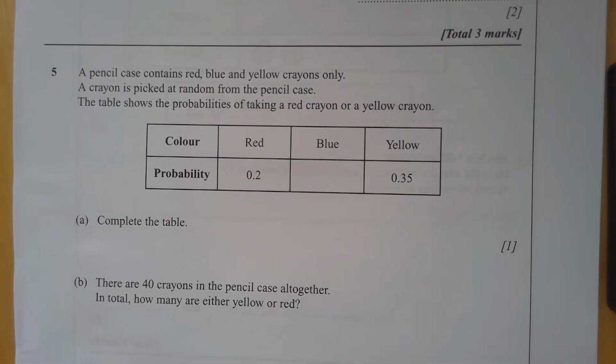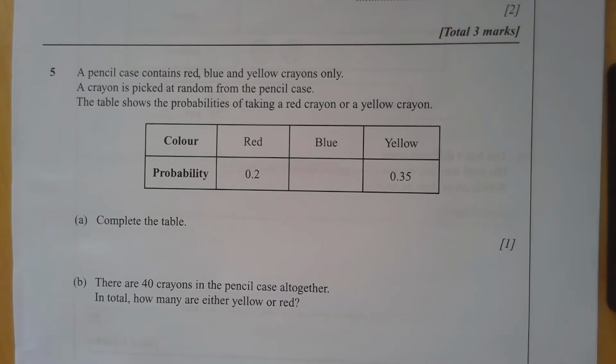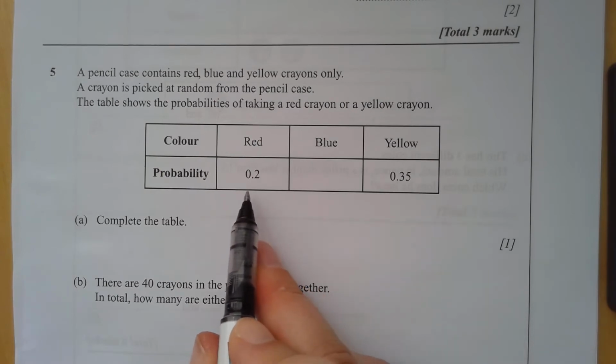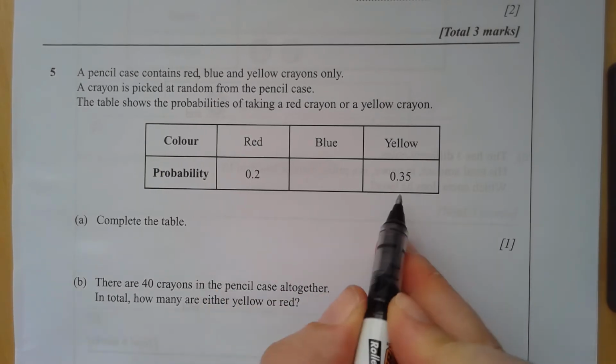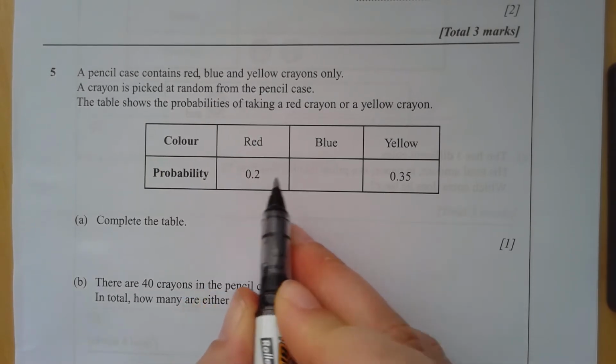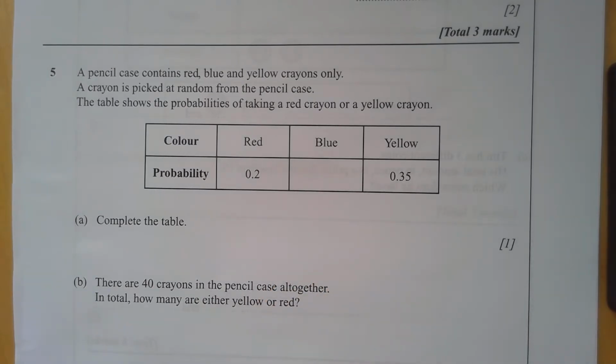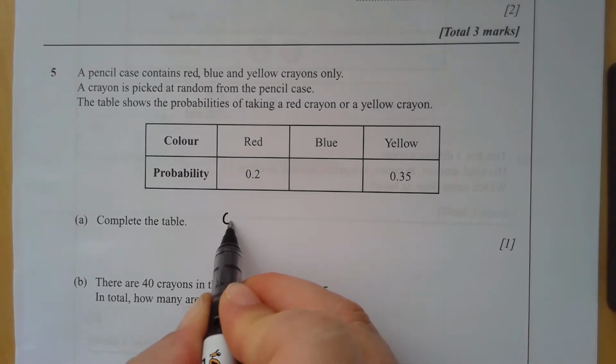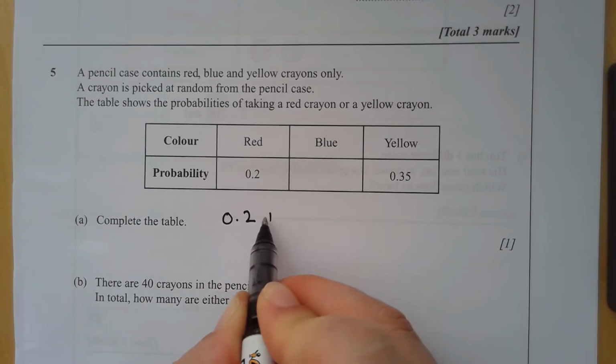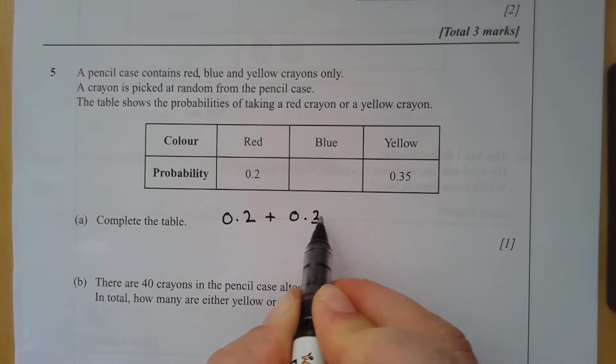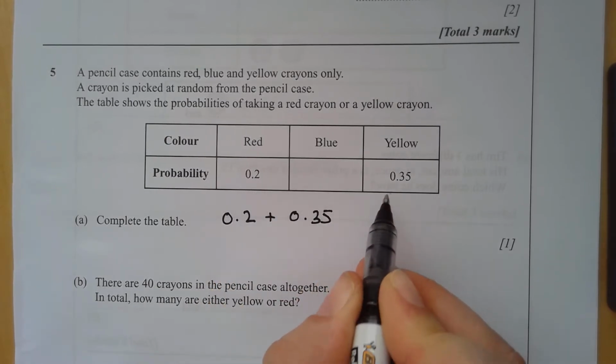Question 5. So we complete the table. We've only got red, blue or yellow, so therefore we know that if we add red and blue and yellow together, it needs to equal 1. So what we do is we find what red plus yellow is. This is the red, this is the yellow.